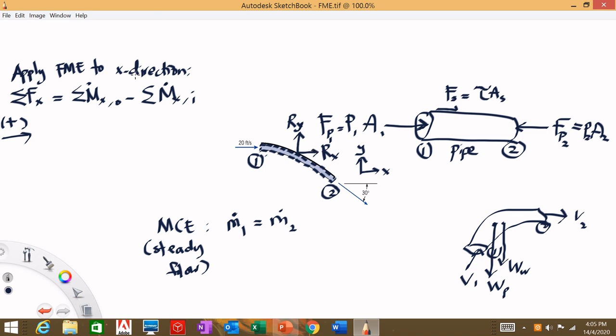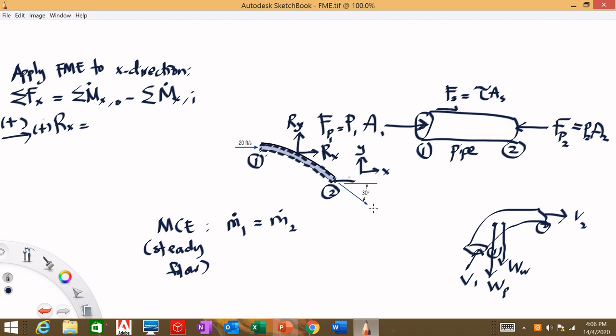Therefore, it's positive here, Rx. So there's no other force here, since everything is ignored. Now in the X direction at the outlet, I have velocity.